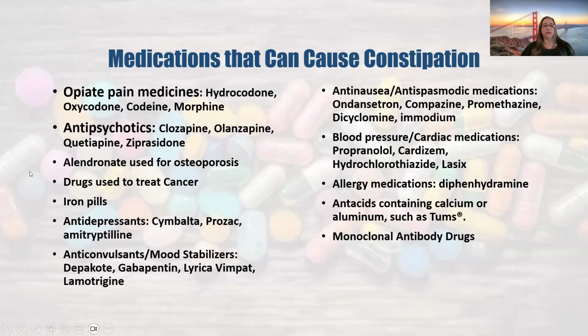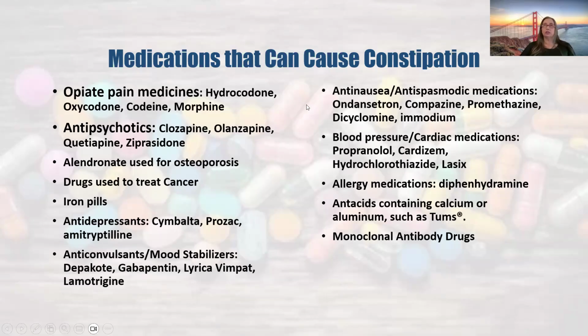Other drugs that are common for causing constipation: alendronate, a drug used for osteoporosis, and cancer treating medications. Iron is well known for causing constipation. Some antidepressants, anticonvulsants, and mood stabilizers, which of course, epilepsy is one of our eligible diagnoses, so a lot of our clients are taking anticonvulsant medications.